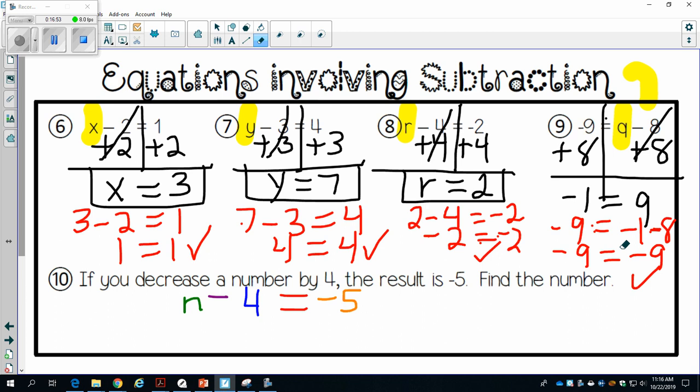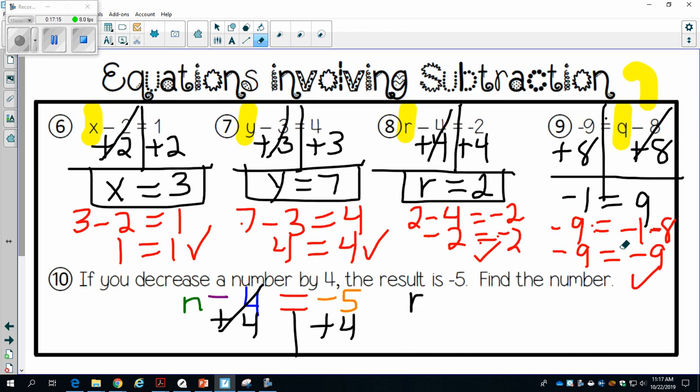So now we can solve it. Put our line down the middle. We're going to add 4 to both sides. This cancels out. I'm going to continue it over here on the right so we have more room.